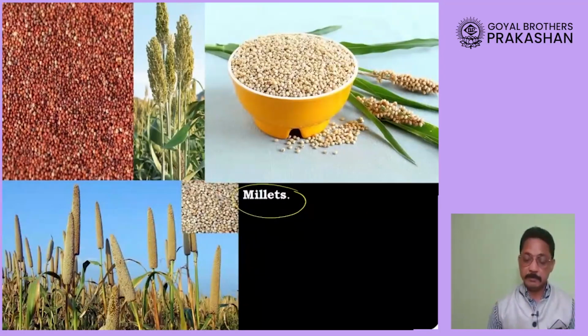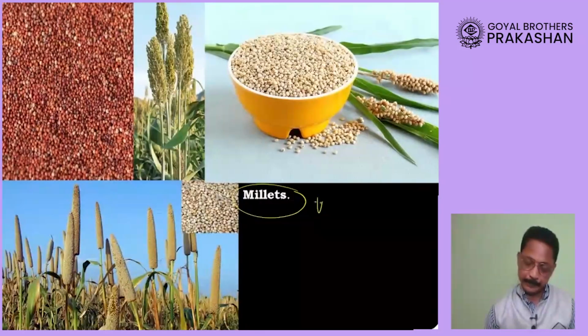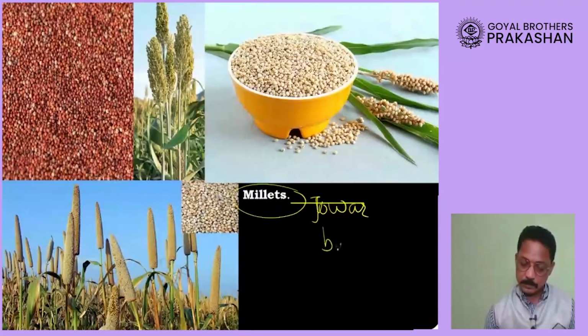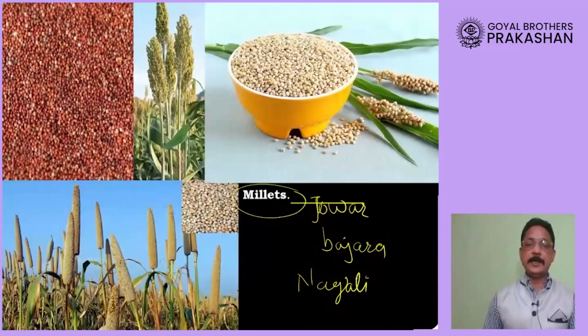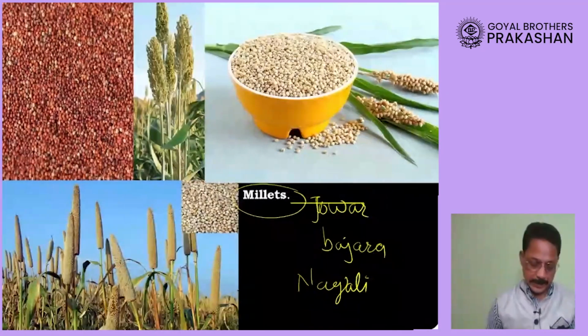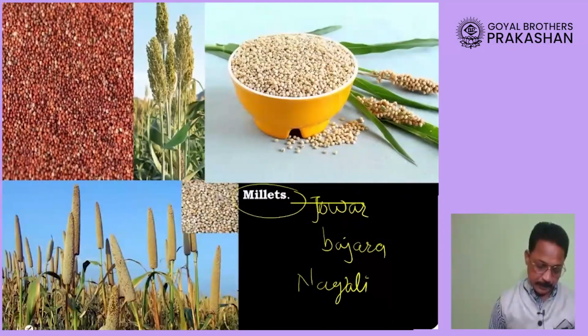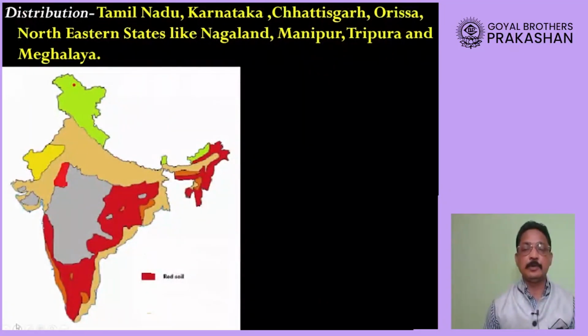Please remember, millets means it's a combination of jowar, bajra and nagli. Okay, jowar, bajra and nagli together are called millets. So this soil supports growth of millets also.